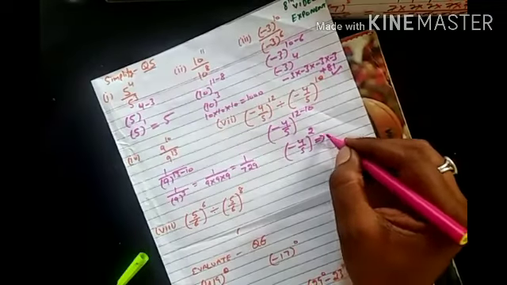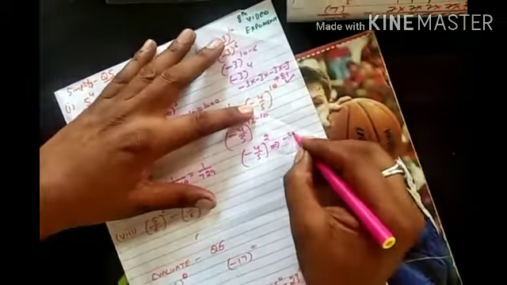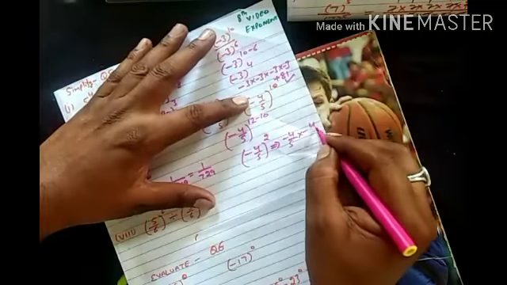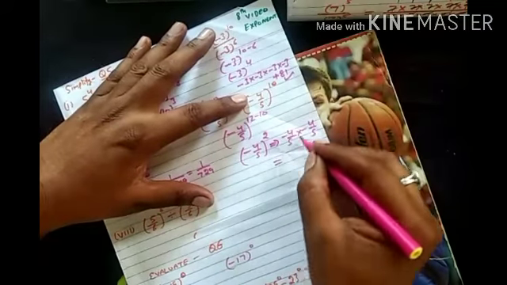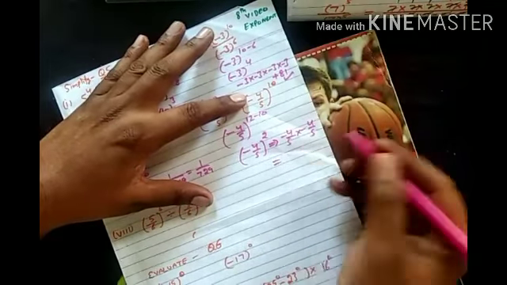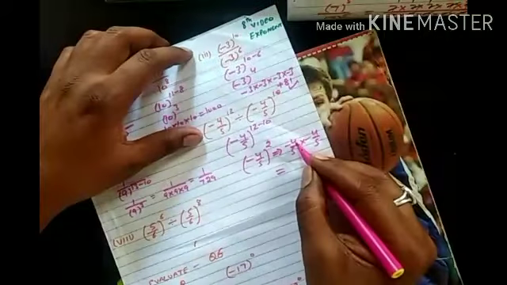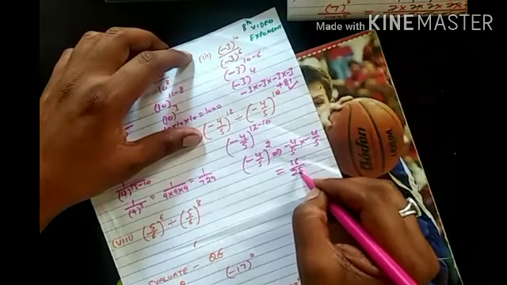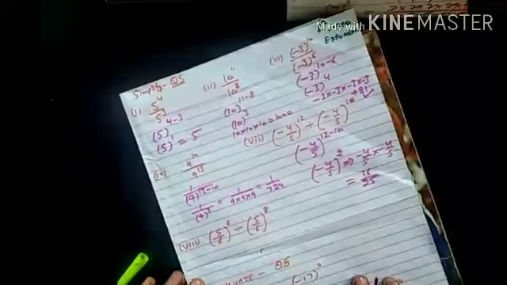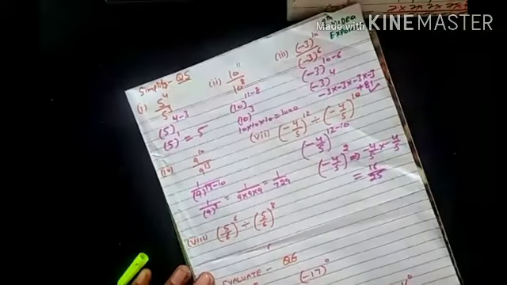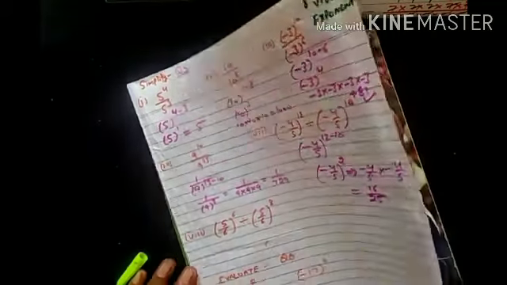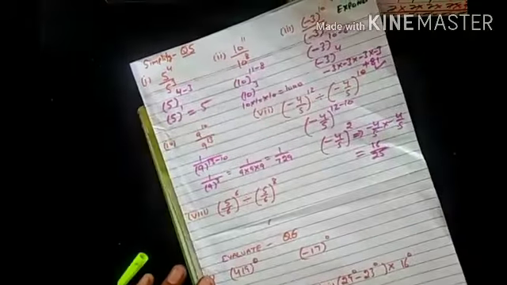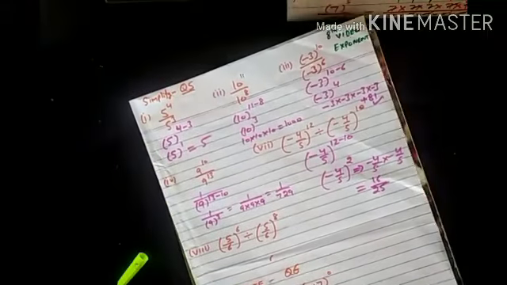Its expanded form will be minus 4 by 5 times minus 4 by 5, and minus into minus is plus. We can skip the plus or positive symbol. 4 into 4 is 16, and 5 into 5 is 25. In this way we have simplified question number 5, which was based on the division process having the same bases.